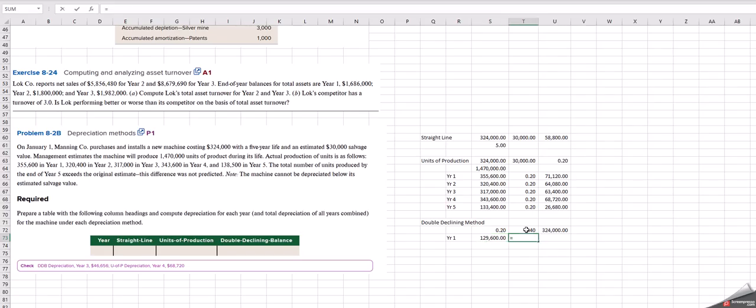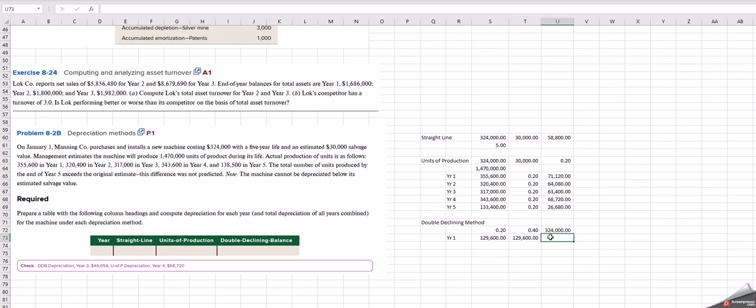And then I'll put in a column for my accumulated depreciation, and then I'll put in my book value. So that minus that gives me my book value.